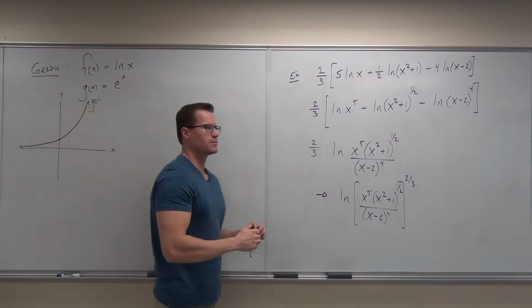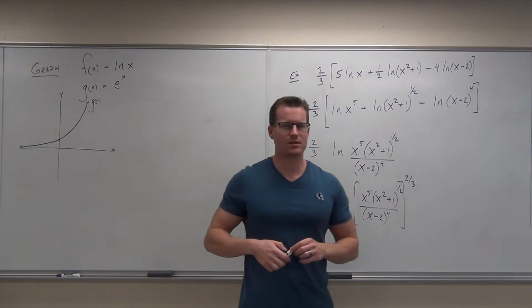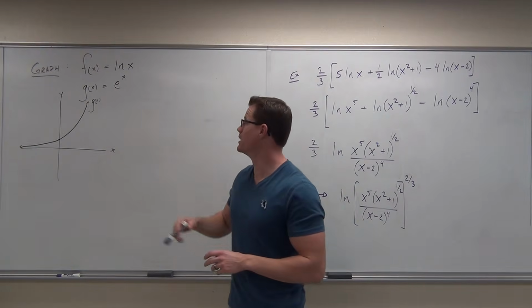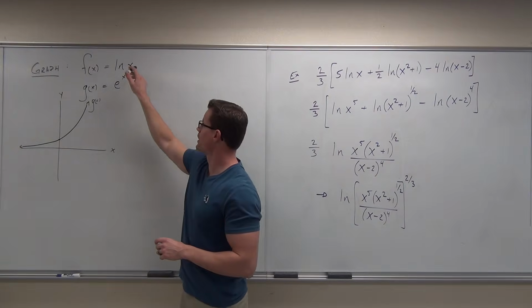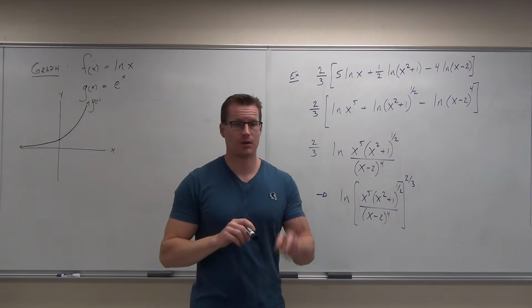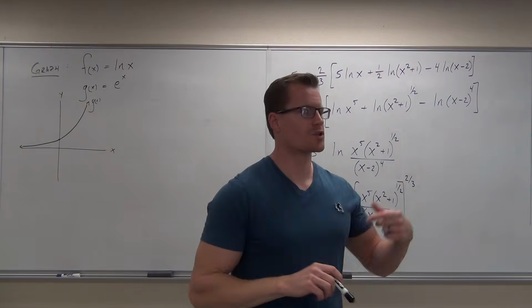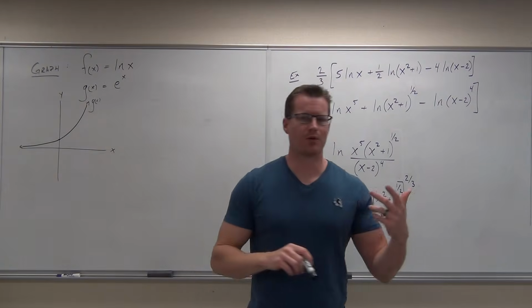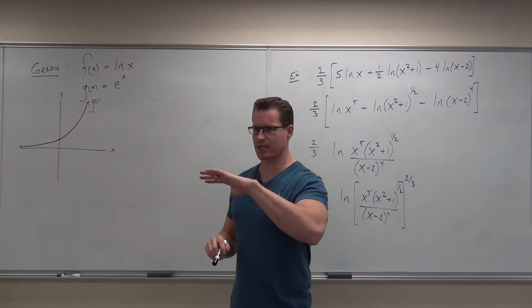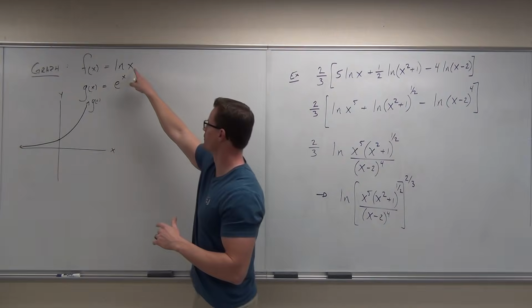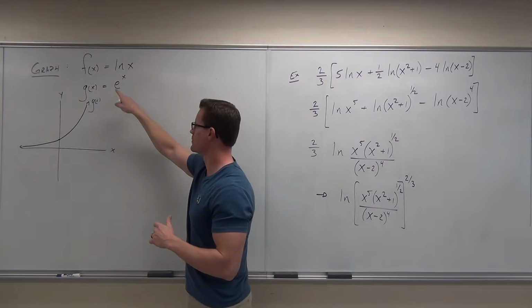Tell me something, somebody out there. What's the relationship between this function and that function? Inverse? Very good, they're inverses. What inverses are, graphically, are a reflection across the y equals x line. So if we want to find out that graph, it's really stemming from this graph.